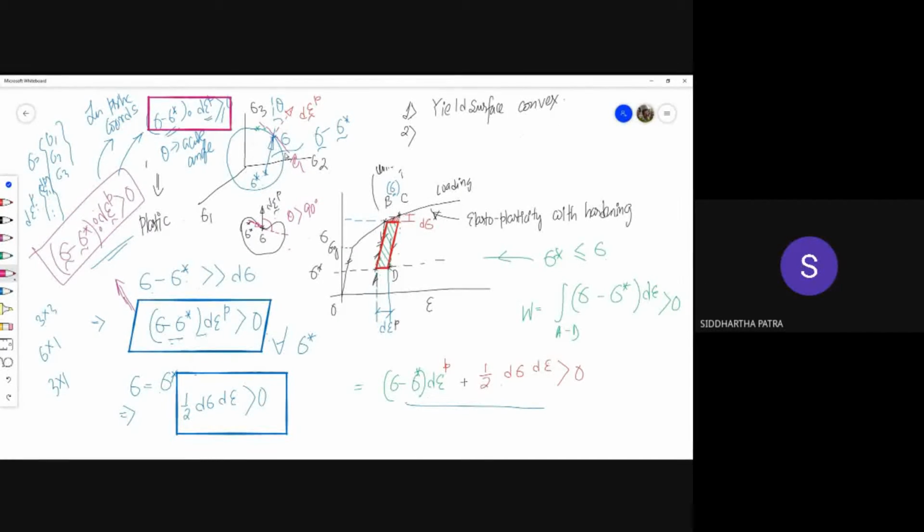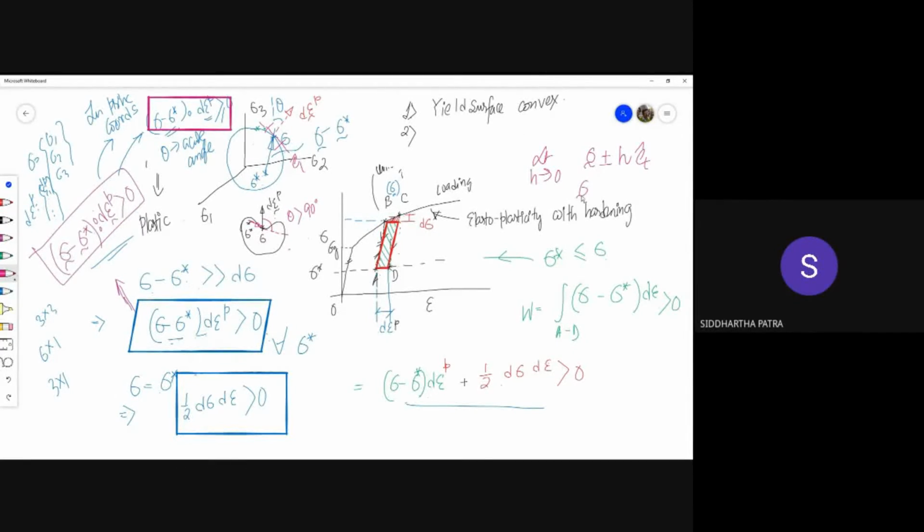If sigma star is on the yield surface and very close to sigma, I can imagine it is sigma plus or minus h times et, limit h tends to 0, where et is the tangent vector at sigma.